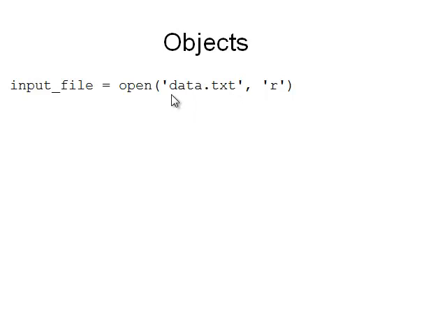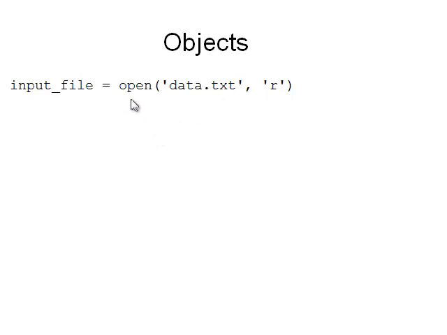So in this case, we're opening data.txt, and we are creating in memory a file object that is associated with that file. The file object that is created in memory has the ability to perform operations on that file. So our program will use the file object to perform operations on the file.